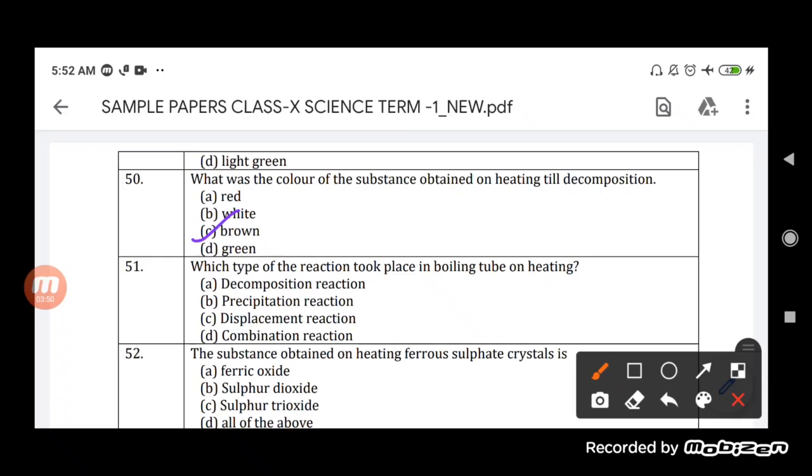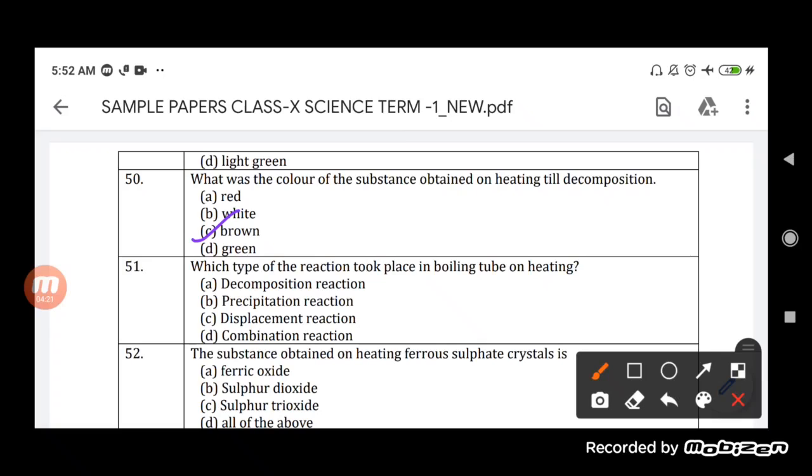Now the next one is, which type of reaction took place in the boiling tube on heating? Obviously we have taken the substance and started heating it, so this is a thermal decomposition reaction. The first option is decomposition reaction, second is precipitation reaction, third is displacement reaction, and fourth is combination reaction.